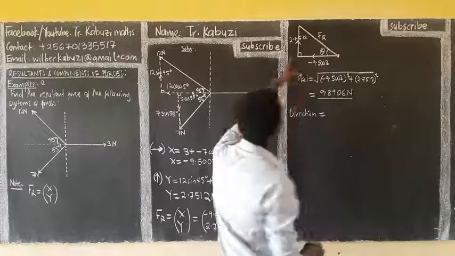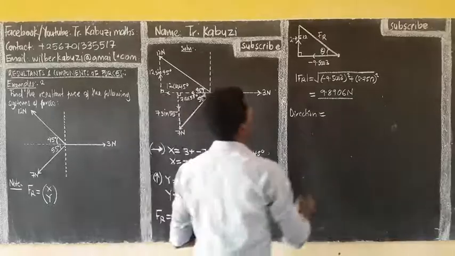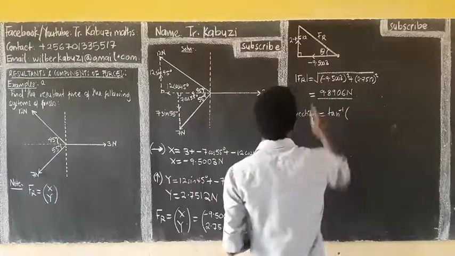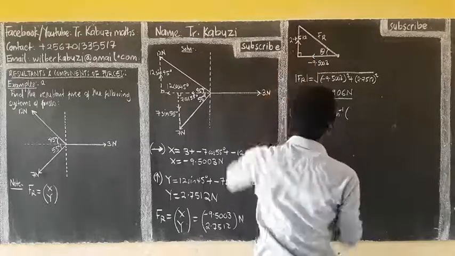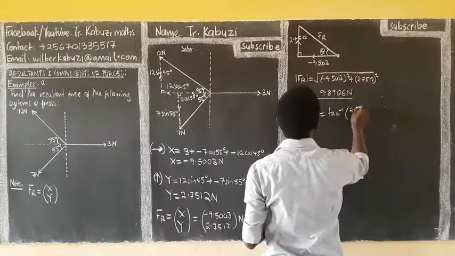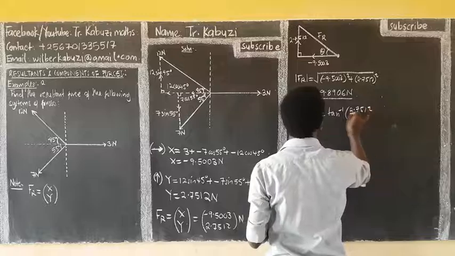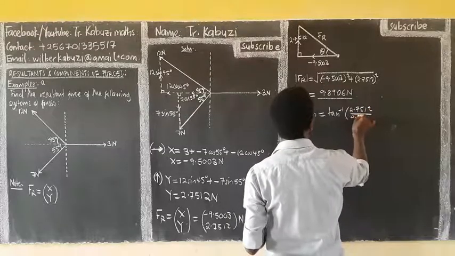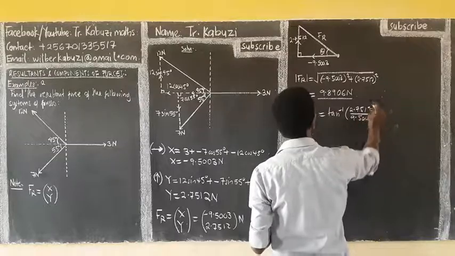Then the direction: we get tan inverse of the opposite, 2.7512, over, ignoring the sign, the x, which is 9.5003.